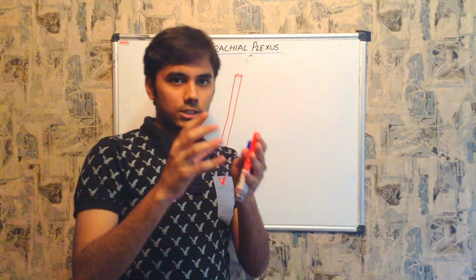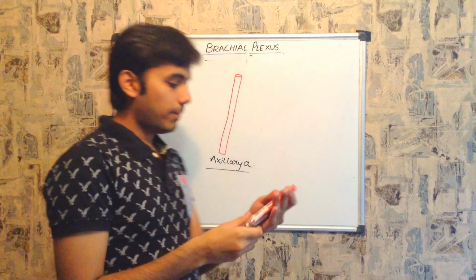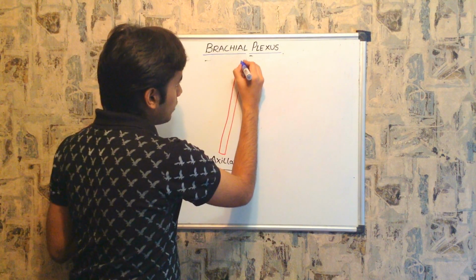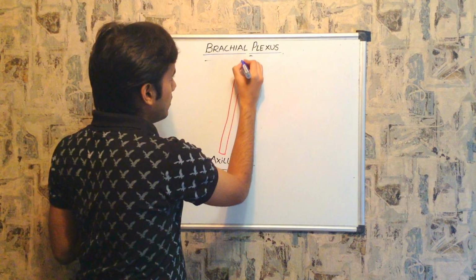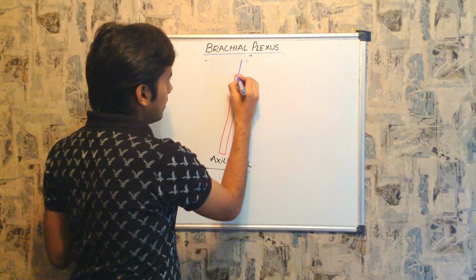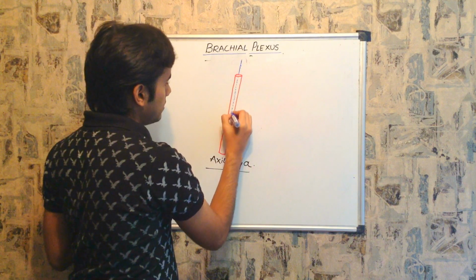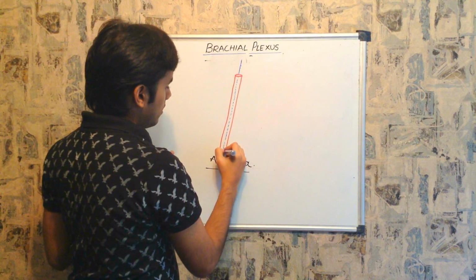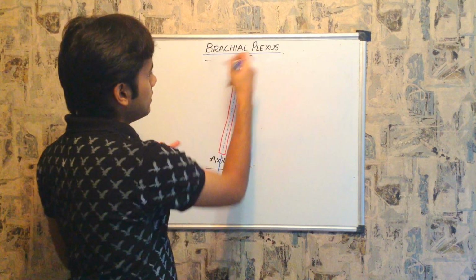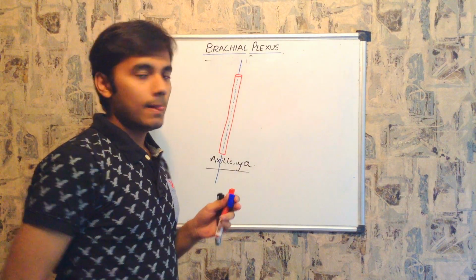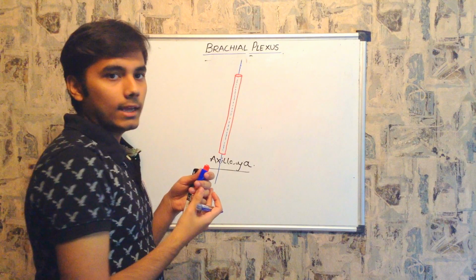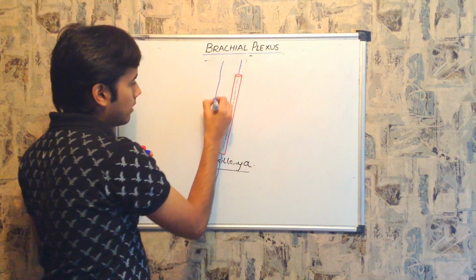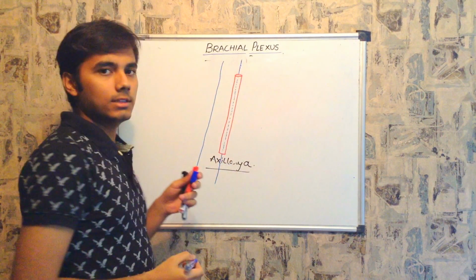The part of the brachial plexus that is passing posterior to the axillary artery, I mean, it passes backward of the axillary artery. So from here till here it is continuous, and now I am drawing in a dotted fashion to represent the posterior movement. So this is called the posterior cord. And the part of the brachial plexus passing lateral to the axillary artery is called the lateral cord.